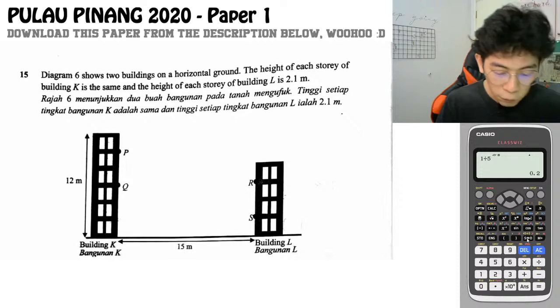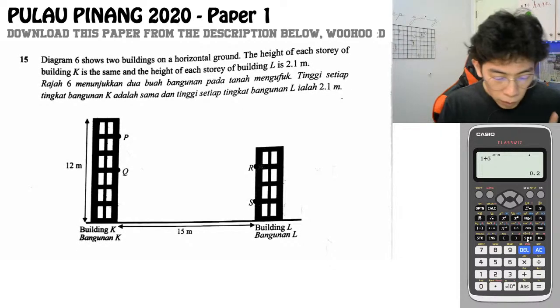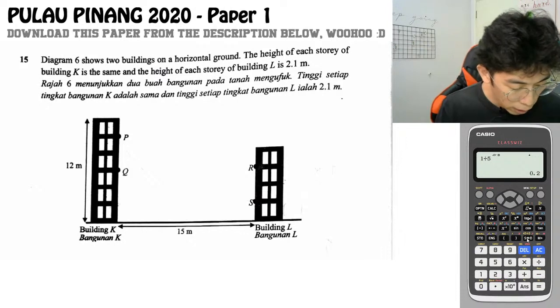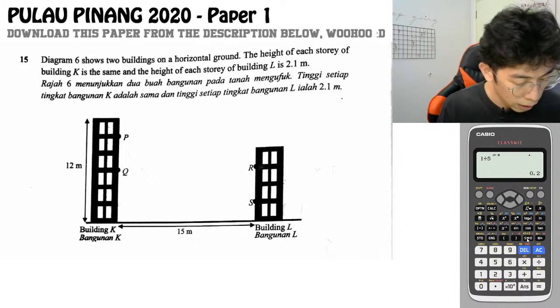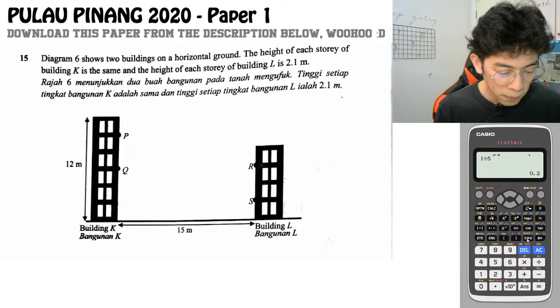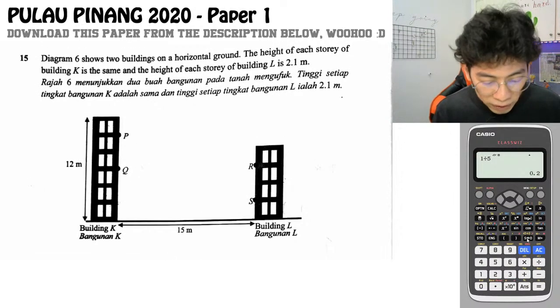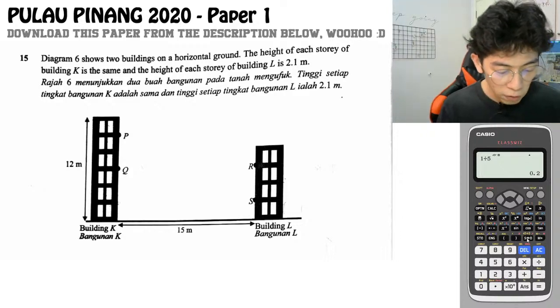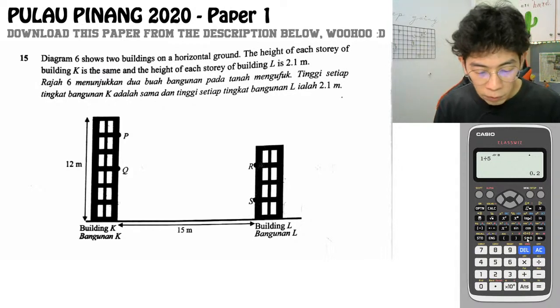So 15. Okay, 15, right? It's kind of weird a bit, but I will show you, that's the only way I got the answer. Okay, I will just do it this way. Okay, everyone. Diagram 6 shows 2 buildings on a horizontal ground. The height of each story of building K is the same, and the height of each story of building L is 2.1.